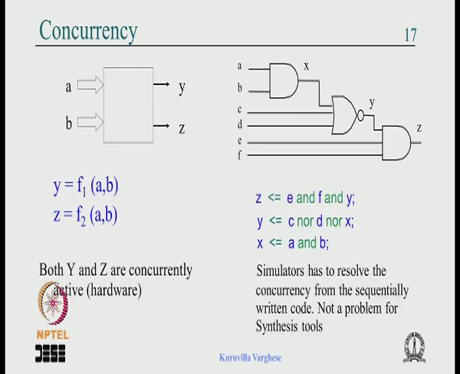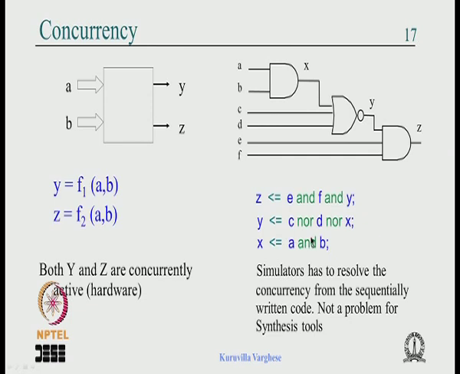As I said, there is an issue, unlike the sequential languages, where when you write statements in a specific order, they are executed one after the other. But when you simulate VHDL statements written sequentially like this as concurrent statements, a top to bottom evaluation will not yield the correct results.